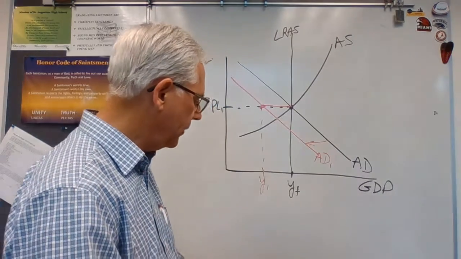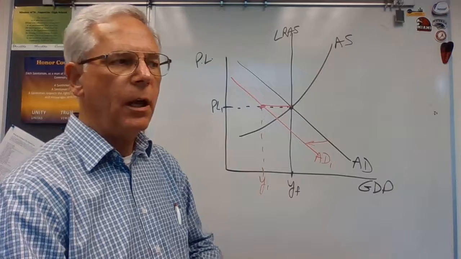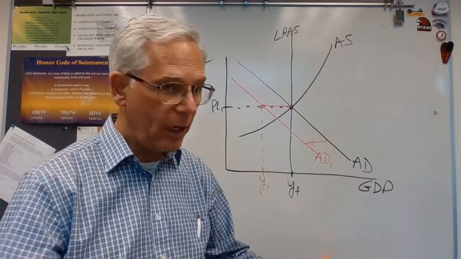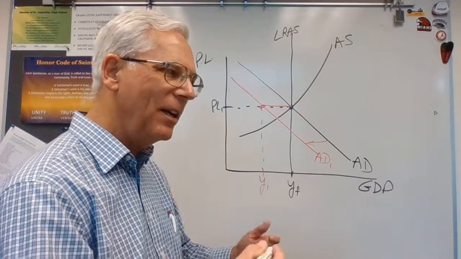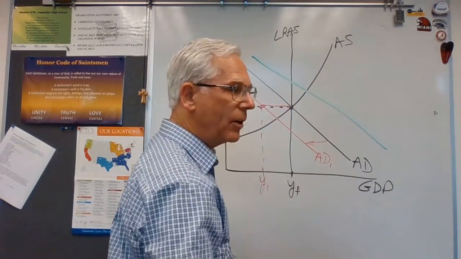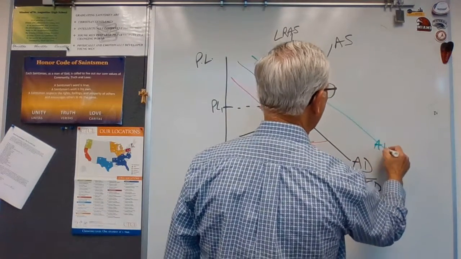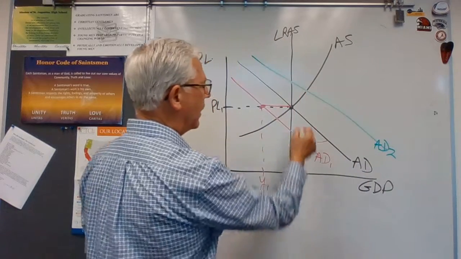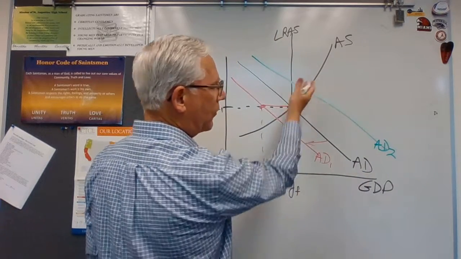Contractionary policy is necessary when the economy is overheating. We haven't seen that in recent years, but it's possible that the economy could shift out here to AD2. And we would get some inflation.